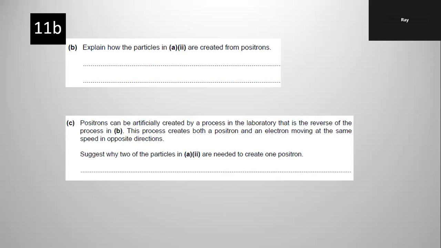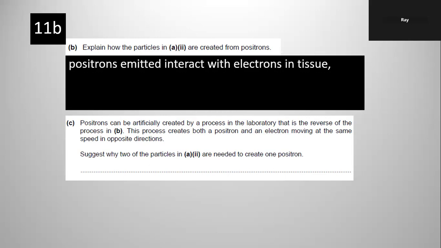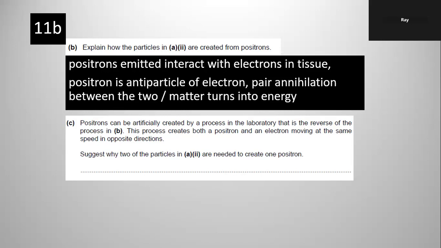Explain how particles in part 2 are created from positron. The positron emitted interacts with an electron in the tissue. A positron is an antiparticle of an electron.